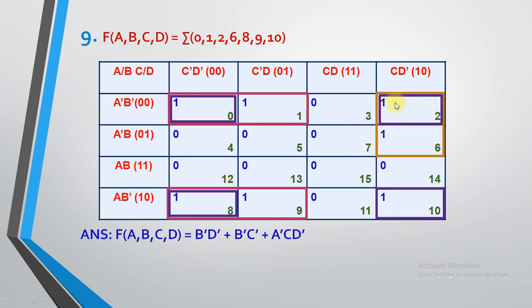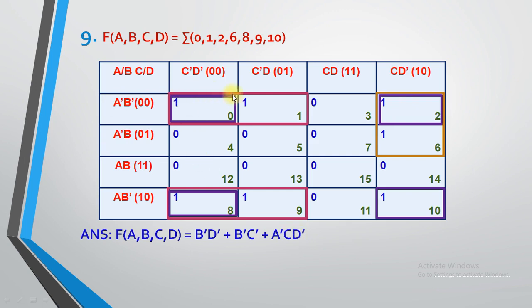For this particular yellow box, that means in the group of 2 and 6, the value is A dash, and B and B dash, opposite value is not considered. So the first term is A dash, C D dash.